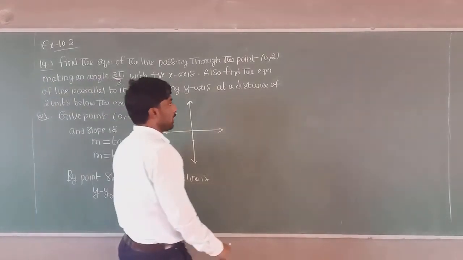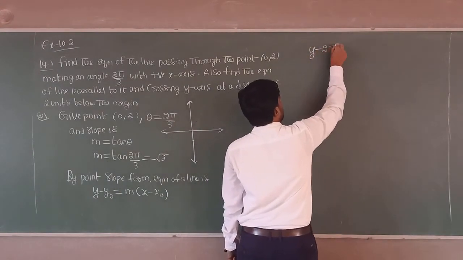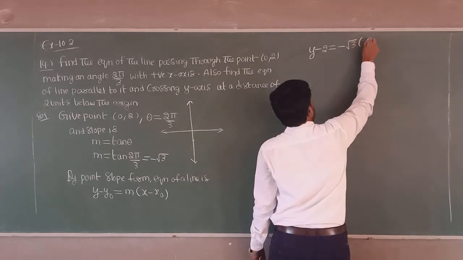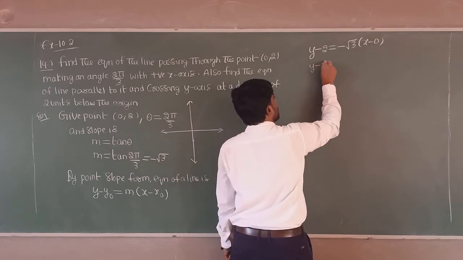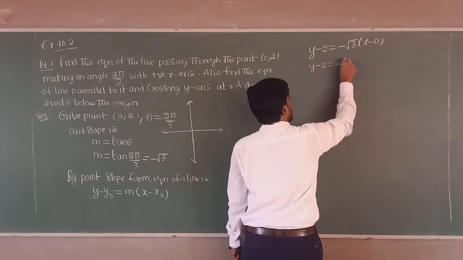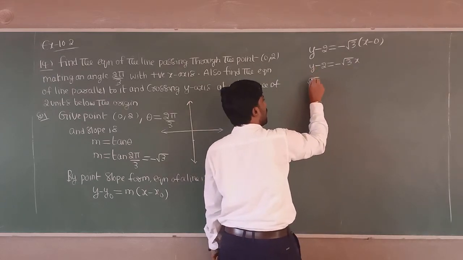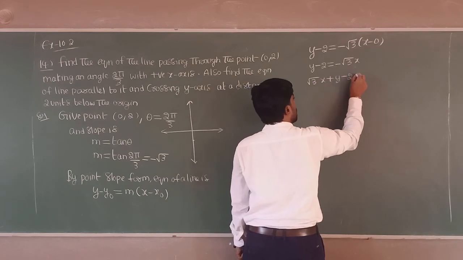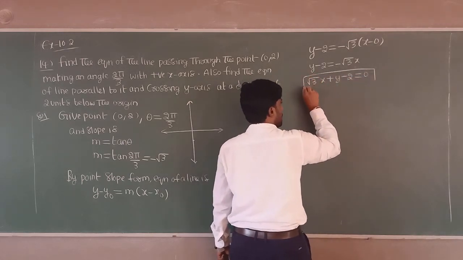If I substitute here, y minus 2, m is minus root 3, into x minus 0. So y minus 2 equals minus root 3 into x. Minus root 3x comes to this side, and I get root 3 x plus y minus 2 equals 0. So I got the first answer.